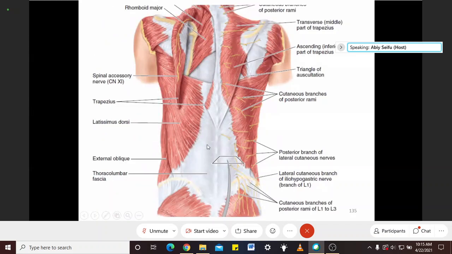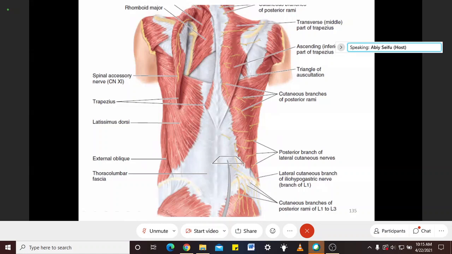Here is the fascia that is found in the thoracic and lumbar regions. You see, this fascia is strong and serves as an attachment of muscles.